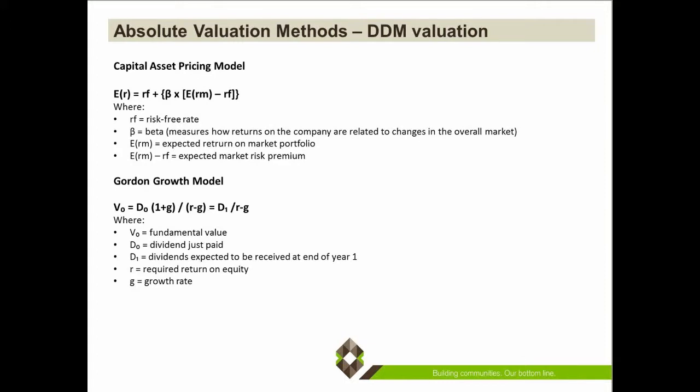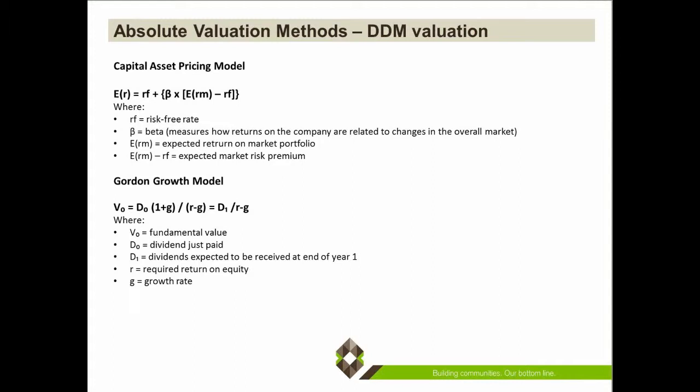We won't spend too much time on building dividend discount models, but here are two important formulas for computing your dividend discount model. The capital asset pricing model, also better known as the CAPM, is where you estimate your required rate of return.